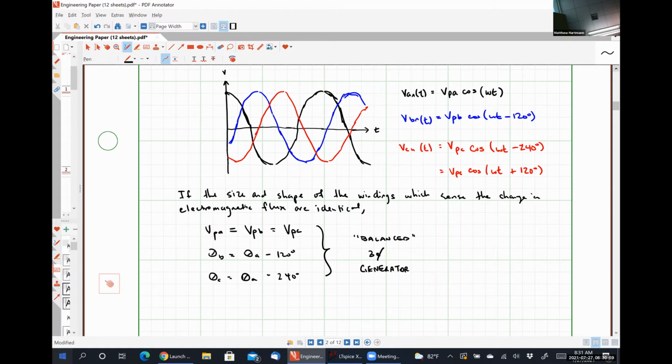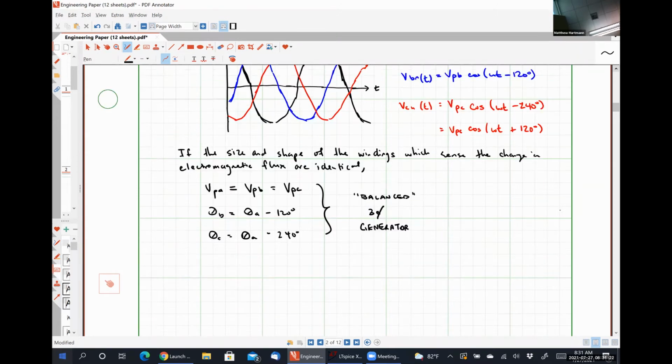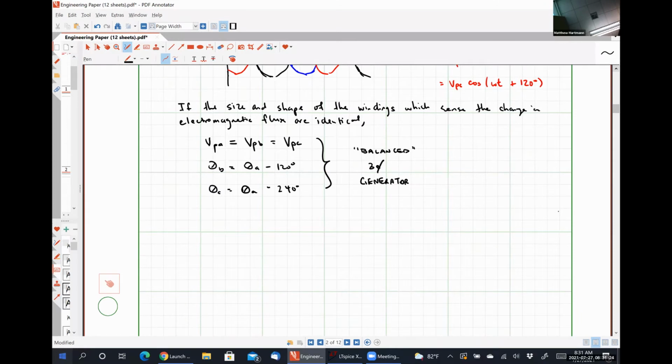So we can actually get two different sets of voltages from a balanced three-phase generator, depending on the direction of the rotation of the rotor. These are called phase sequences.